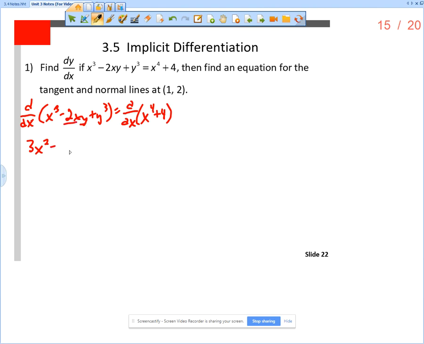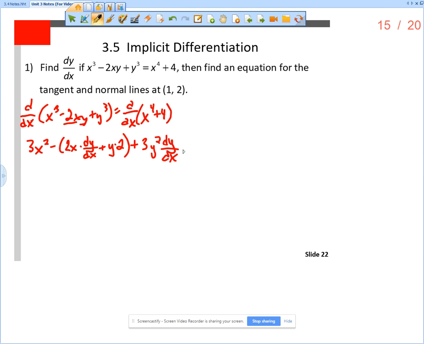That's a product, so we take the product rule: 2x times the derivative of y, which is dy/dx, plus y times the derivative of 2x, which is 2. Notice I put that in parentheses because we're subtracting 2xy, so we need to subtract the whole derivative. And then plus the derivative of y cubed, that is 3y squared. Don't forget the chain rule, times dy/dx.